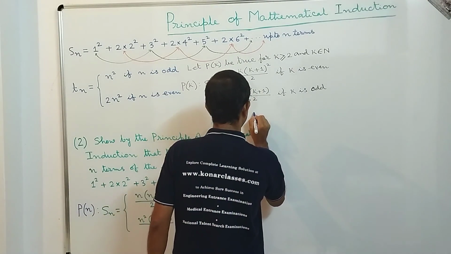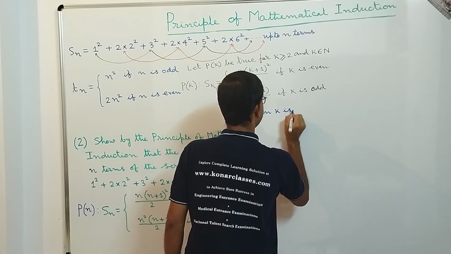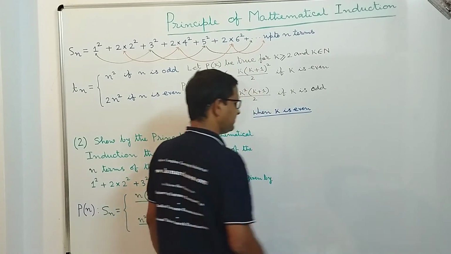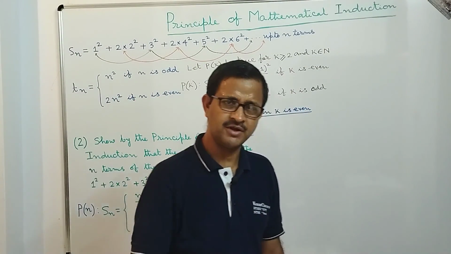Now dear students, if k is even, what is k plus 1? K plus 1 should be odd, no?